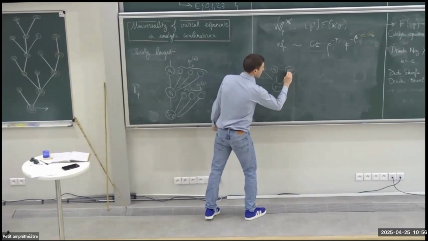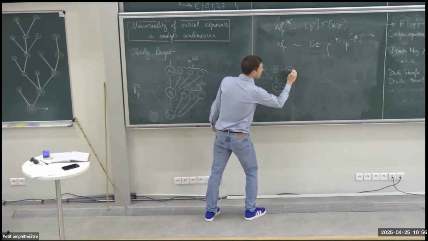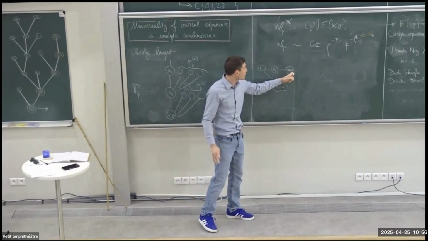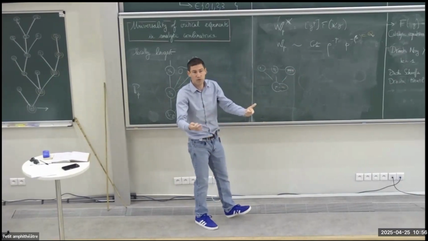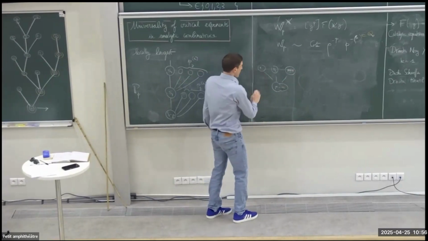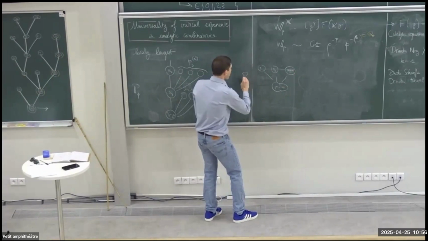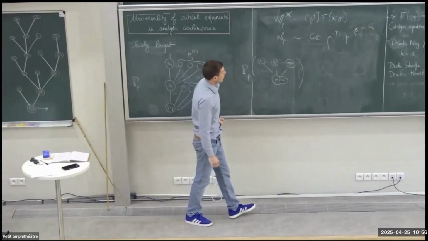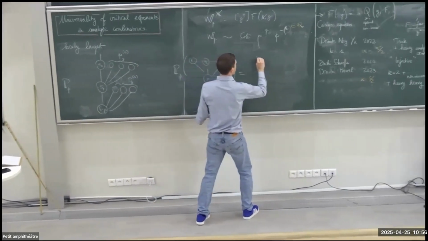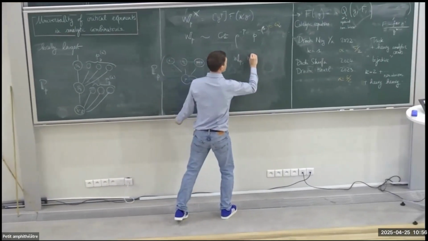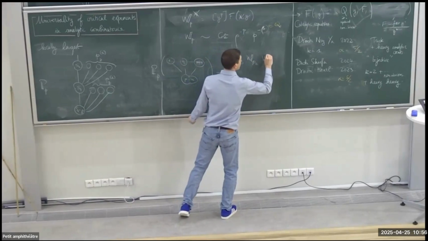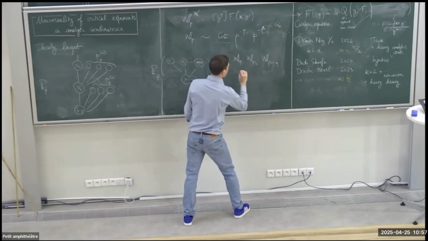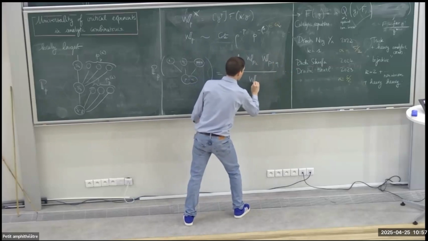Think of this one. And let me write it P plus Q. And I think of P as being very, very large, while Q is fixed. It's a big O of 1. And now let's compute what is the probability that I see such a splitting. Well, it's written over there. It's WP1, WP2, and WP plus Q times the local weight and divided by WP.